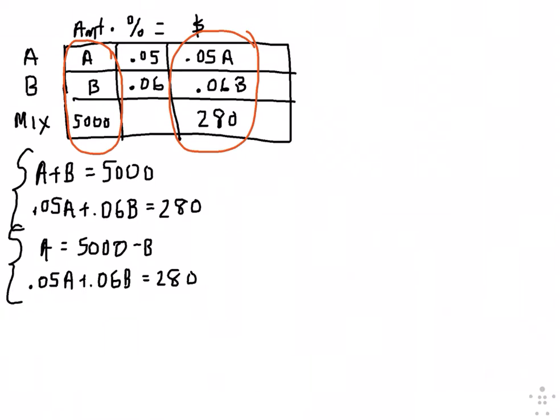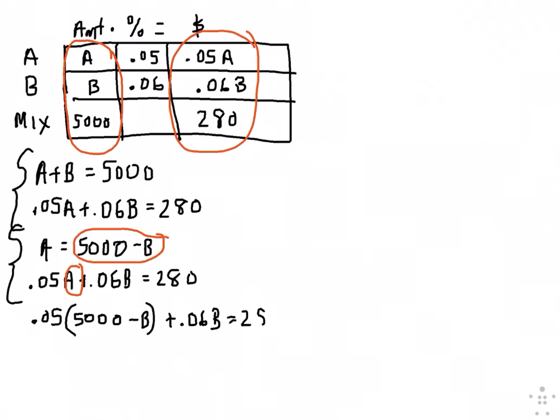So now I could use elimination, right? Substitution. I could substitute in 5,000 minus B for A right there. So let's do that. So we have 0.05 times A, which is 5,000 minus B, plus 0.06B equals 280, right? We substituted in.